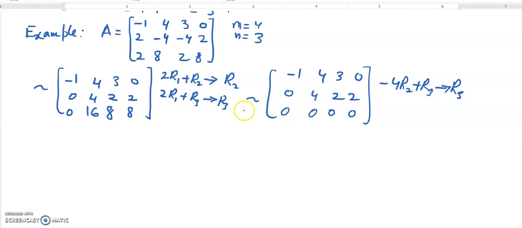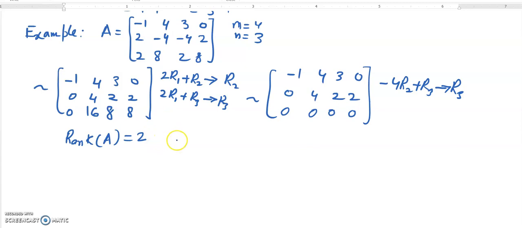So in this case, it is the echelon form, and you can see that the rank of A is now again 2, because there are 2 non-zero rows.